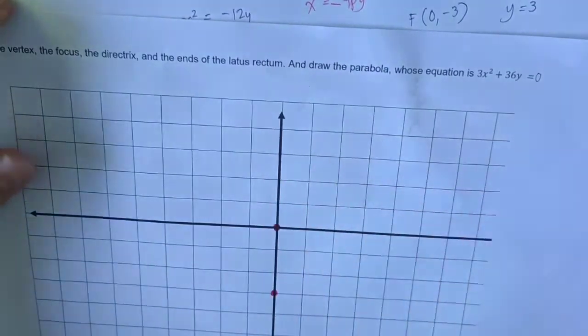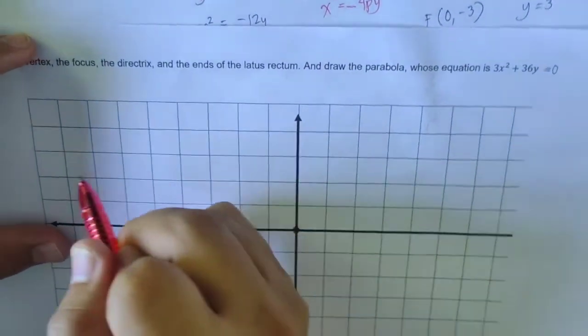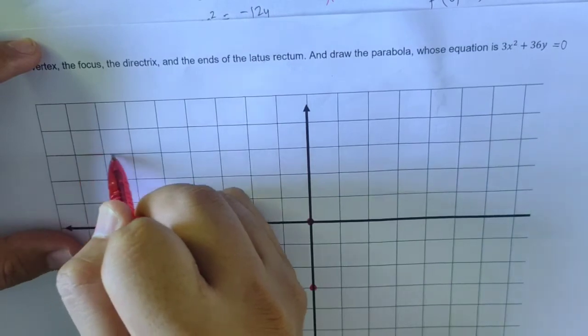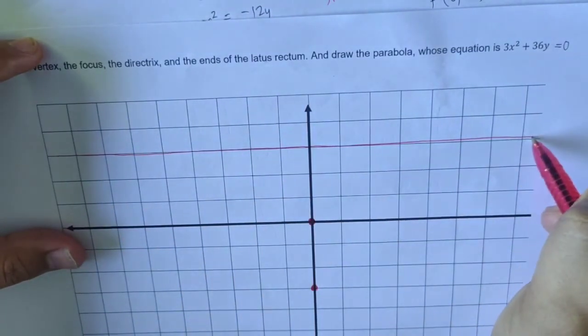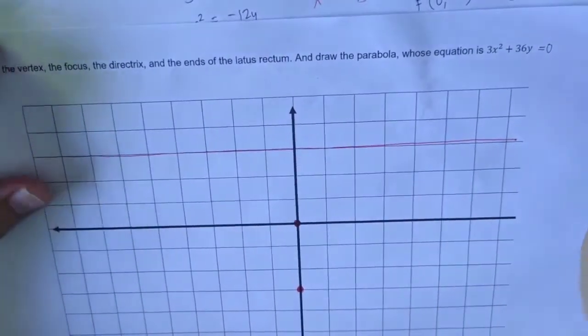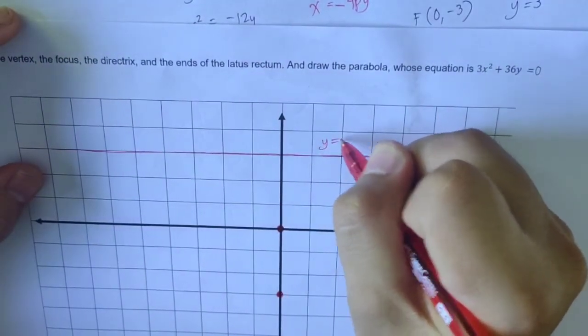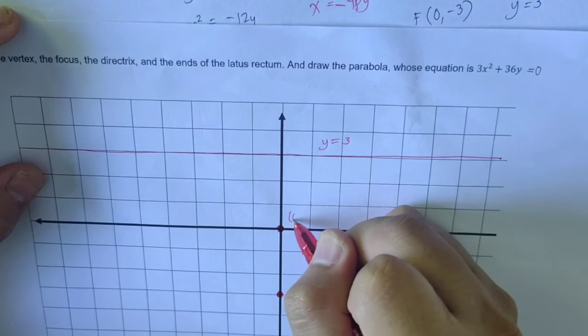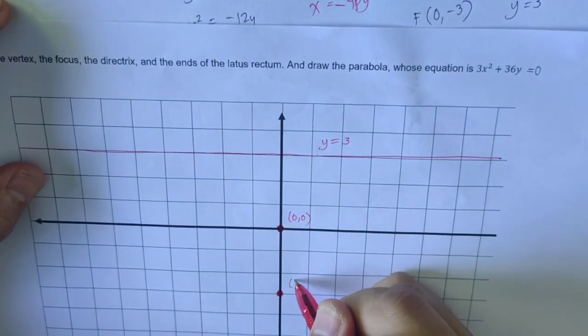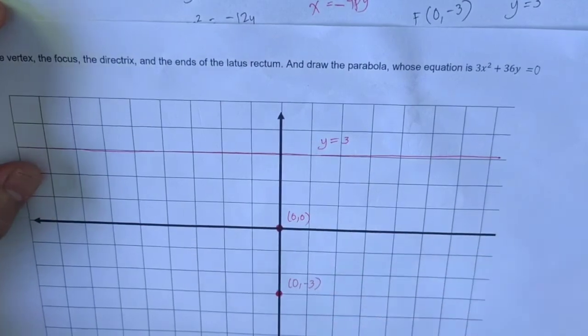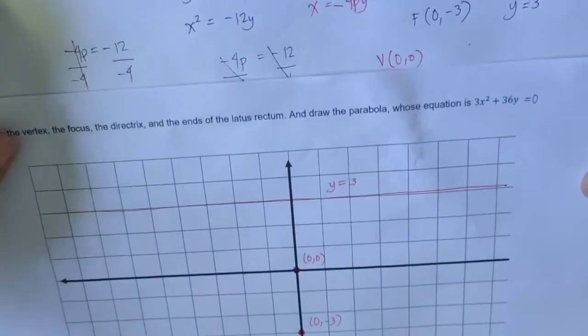So, gagawa tayo ng straight line dito sa positive 3. Bubuhit ako ng straight line. Kunwari na lang straight yan, ha? So, y is equal to 3. Ito ay 0 and 0. Ito naman ay 0 and negative 3.